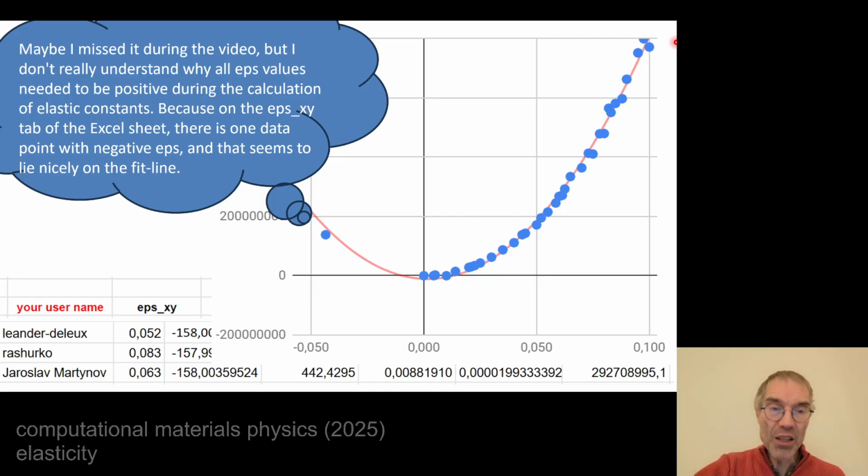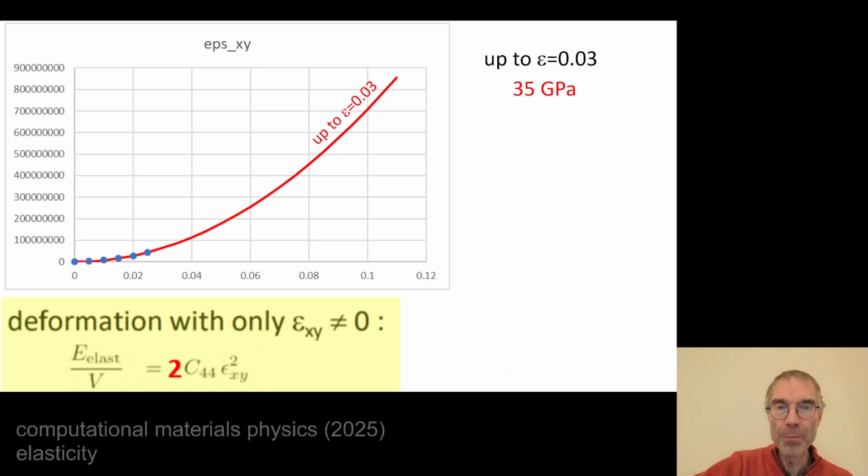So I could have asked to do negative values as well, but somehow the task was not formulated that way. It would be more precise if you do negative values, because it's always easier to fit your parabola if you have the minimum included. So good observation. Certainly computationally negative epsilons are perfectly possible, and experimentally sometimes as well.